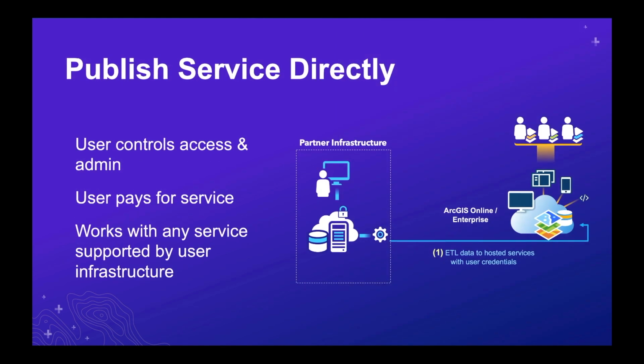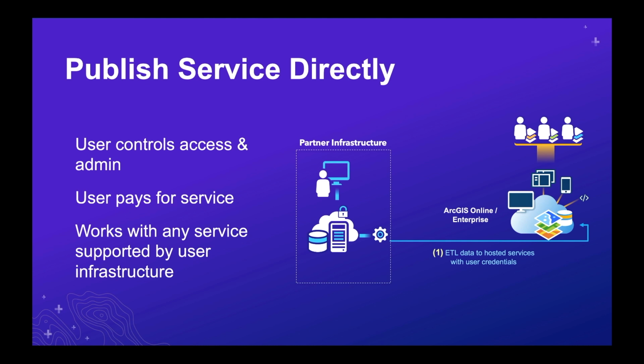Last schematic for one of the patterns is to publish the service directly. So here, instead of sharing the data out, you're actually using user credentials to directly write your data set into their ArcGIS Online environment or ArcGIS Enterprise environment. So in this case, once that data set's been ETL'd in, then the user controls access and administrative privileges to that data.